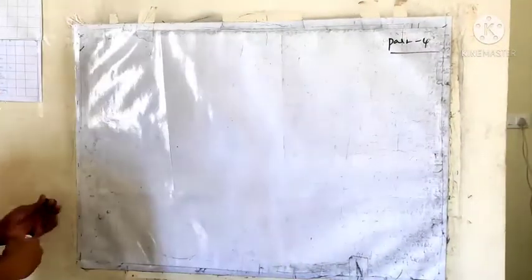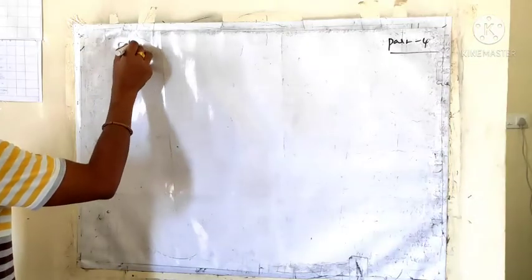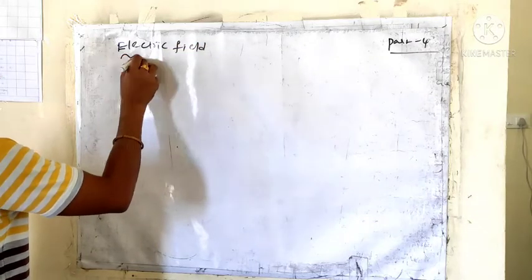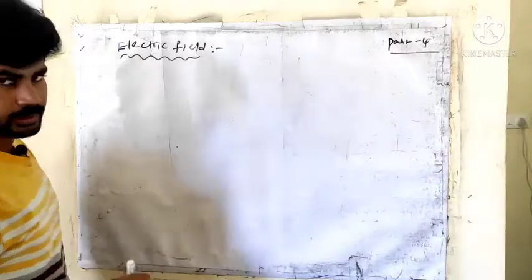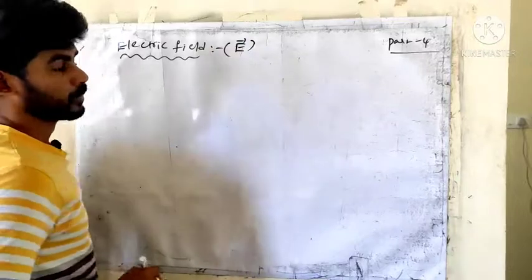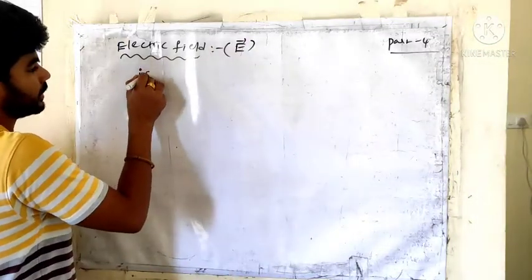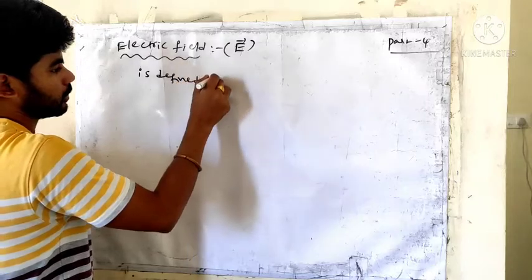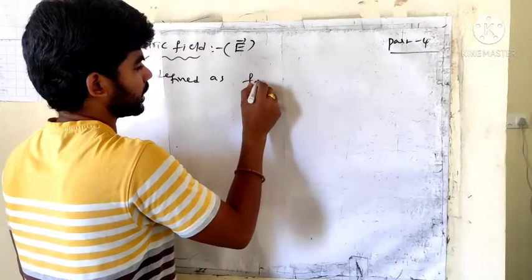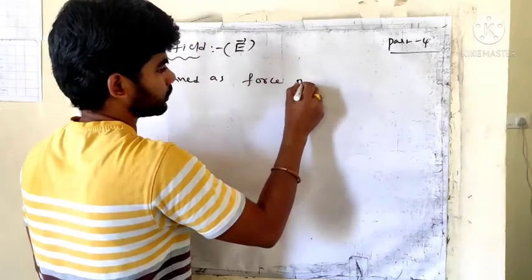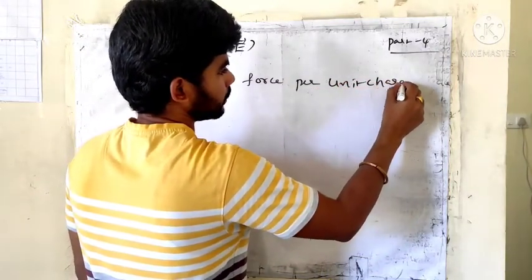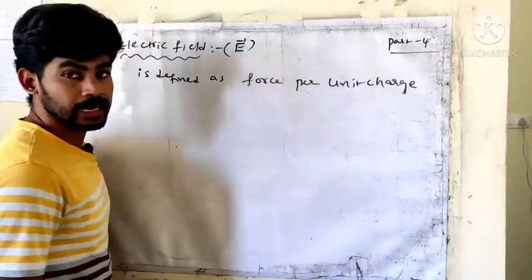The electric field is denoted by E. Electric field is defined as the electrostatic force per unit charge. This is the definition of the electric field.